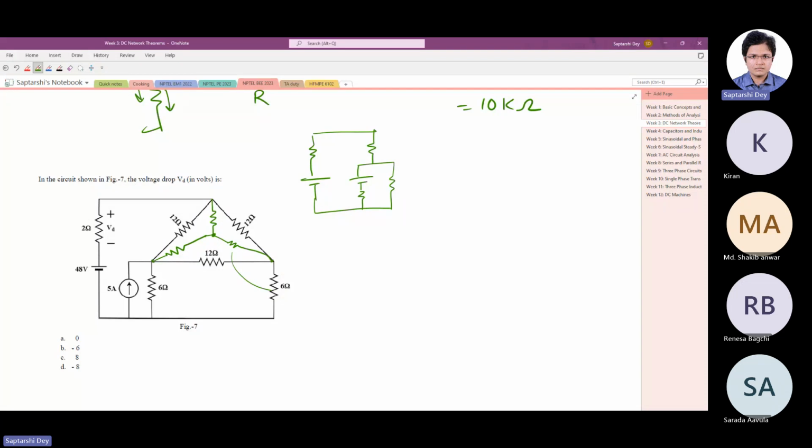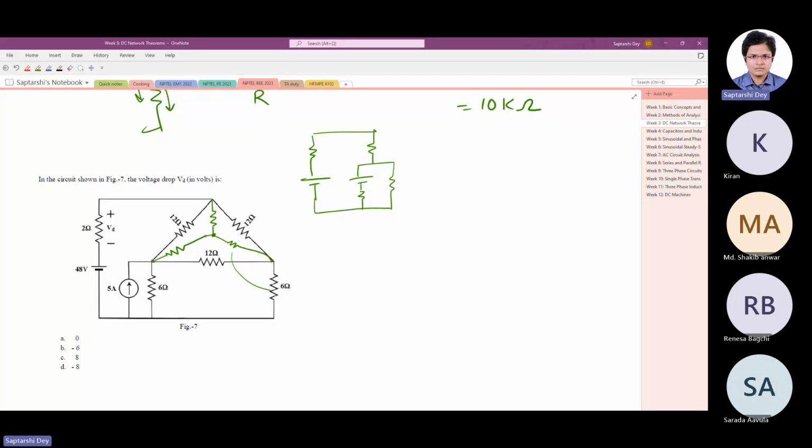Then we can solve it. Could you get how I will convert this to this? First of all, I have to find out the formula for delta to star conversion.